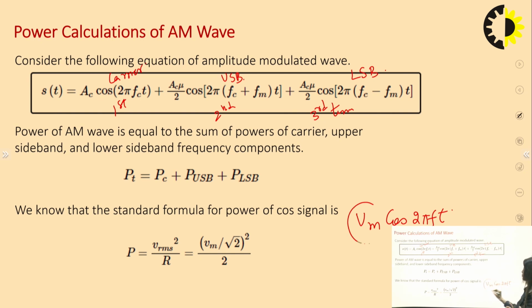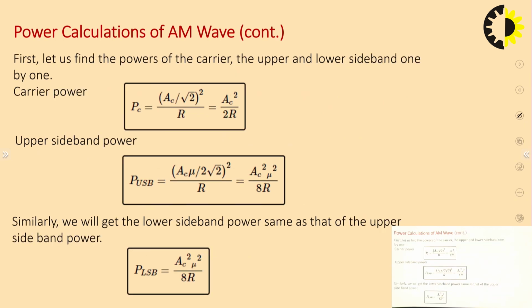The power is Vm upon root 2, squared, upon R. We are basically using this formula, and from the amplitudes of these 3 terms, we can calculate the total power. PC will be AC upon root 2 squared upon R, that is AC square upon 2R.